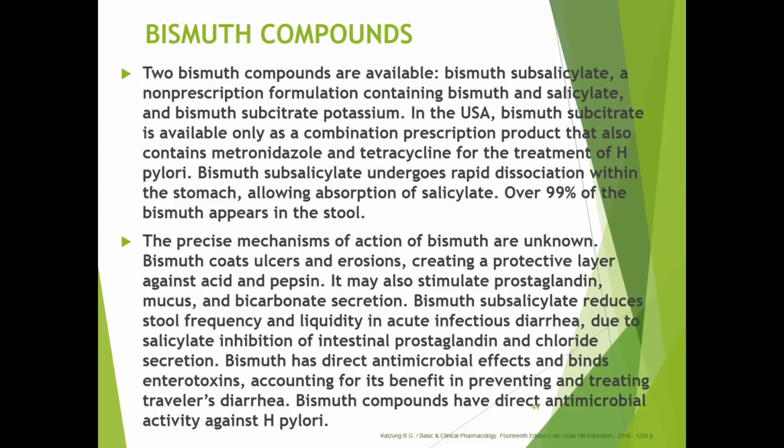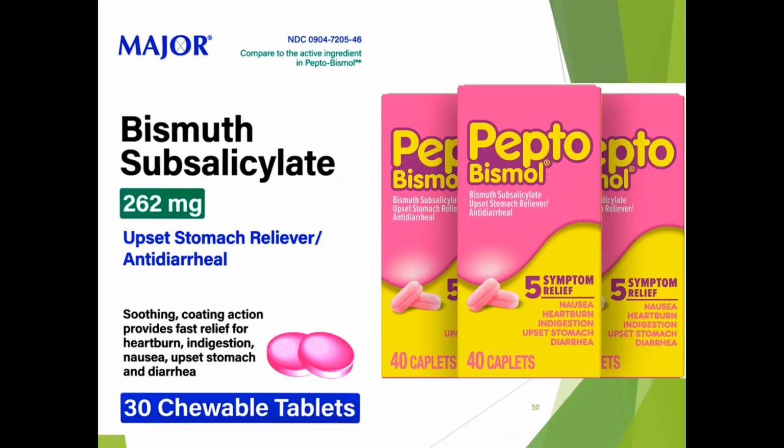Bismuth compounds have direct antimicrobial activity against Helicobacter pylori. Bismuth subsalicylate, 262 milligrams, or Pepto-Bismol, is a very popular drug for the treatment of Helicobacter pylori, nausea, heartburn, indigestion, upset stomach, and diarrhea, as an antibacterial drug.